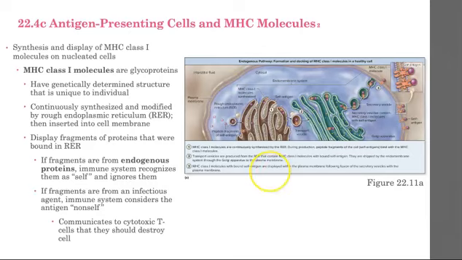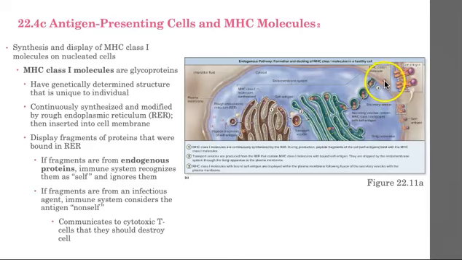And so we are going to continually synthesize and modify within our rough ER here, and then have it move through our Golgi apparatus and eventually move through secretory vesicles to be then displayed on the plasma membrane here.